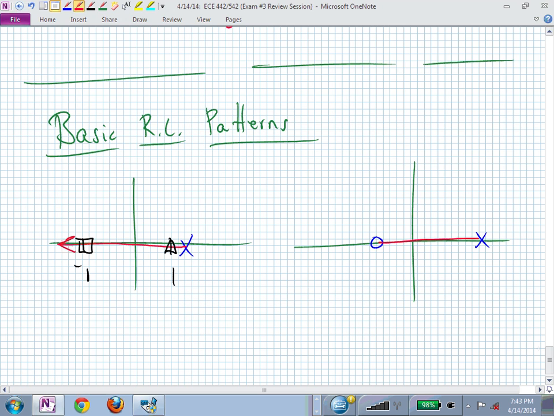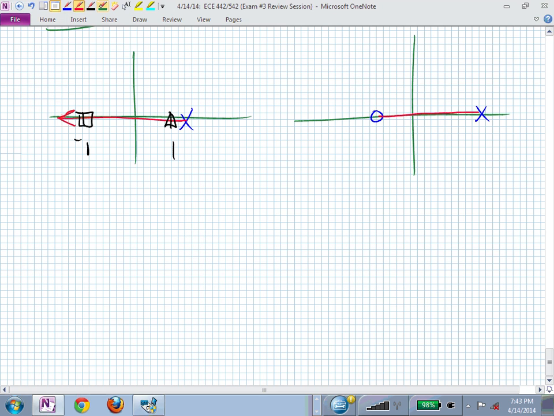All right. You could just sort of reverse that picture. What's going to happen there? How many root locus branches do we have?